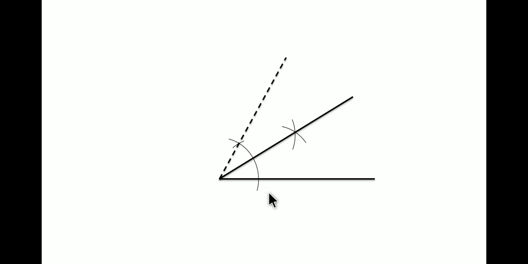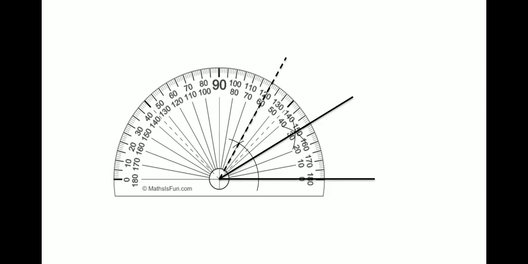But before we move on, confirming that it is 30, we will first check whether it's correct or not with the help of a protractor. So take the protractor out, and again coincide this point of the protractor with the vertex of the angle, and coincide the line of the protractor with the base arm of the angle, and check whether it's on top of 30 degree or not.